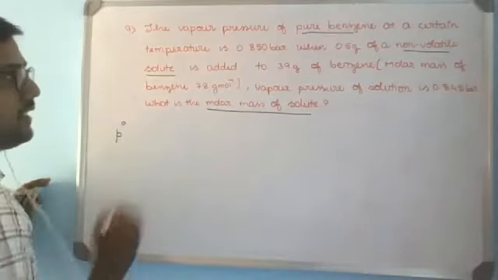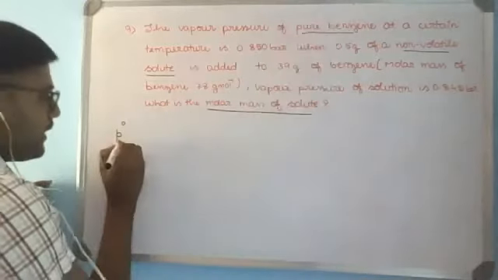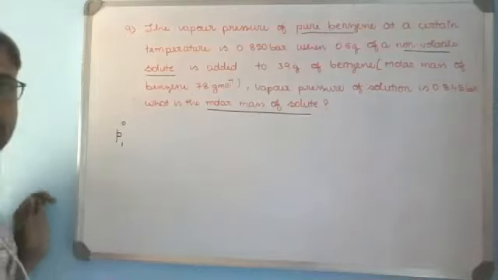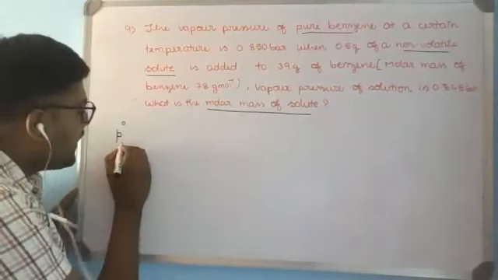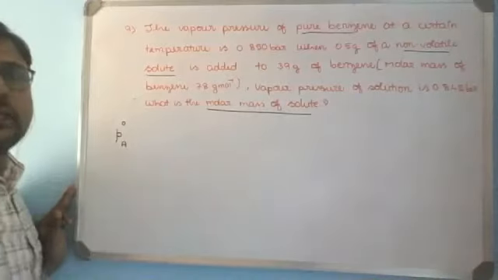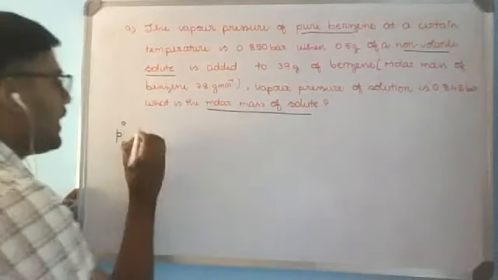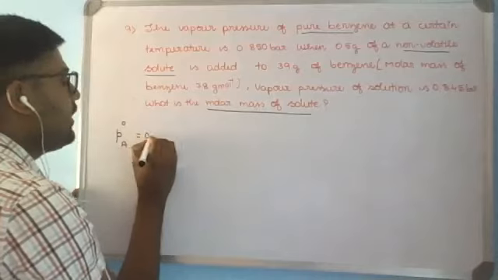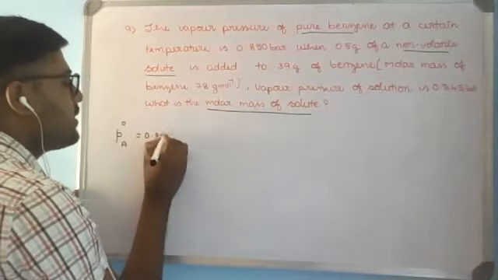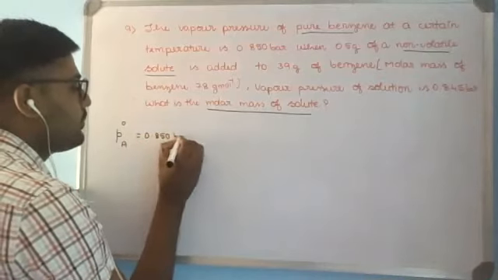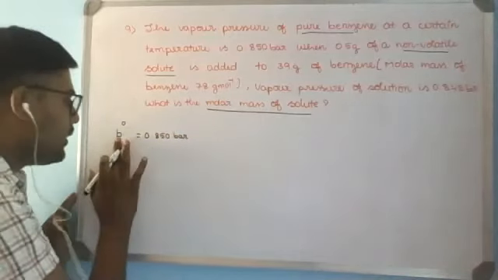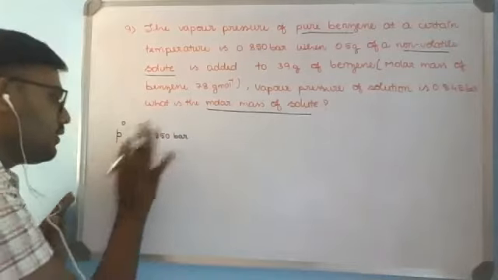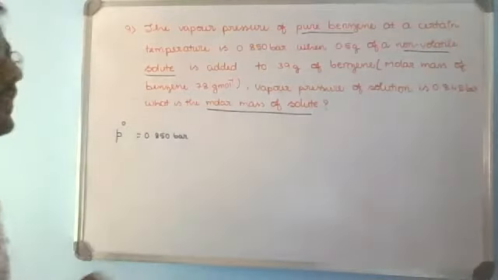For benzene, as it is the solvent, we'll consider it as 1, either you take it as 1 or you can take it as PA naught, and the value is 0.850 bar. If you are not writing A also, no problem. You write P naught, then it is also sufficient. Next.